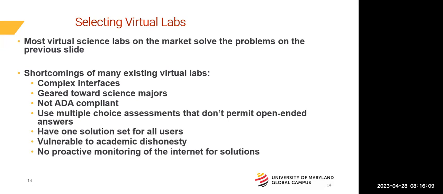And many of the labs that are out there are geared towards science majors, and our largest contingency of students are non-majors who need to complete these science courses in order to meet that 1 credit lab science requirement from the University System of Maryland. Many of the virtual labs we encountered were not ADA compliant.